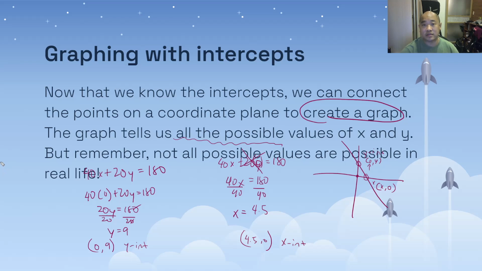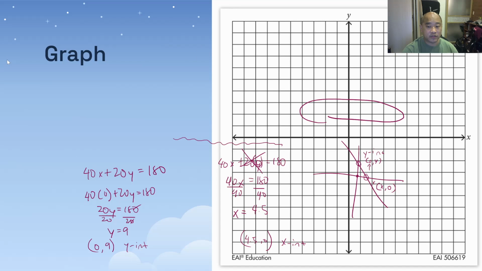That is the point of a graph, to show you all the possible answers of a linear equation. So I'm just going to rewrite this over here, 0, 9, and 4.50, and then I'm going to erase all of this stuff here.